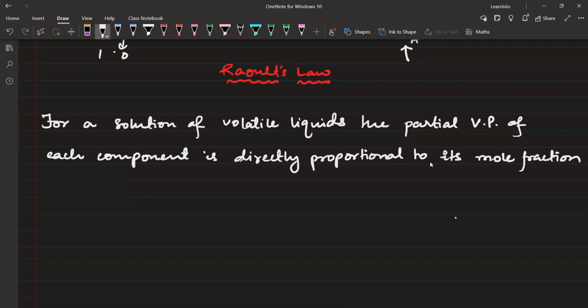P equal to P naught A chi A, and P naught B chi B.